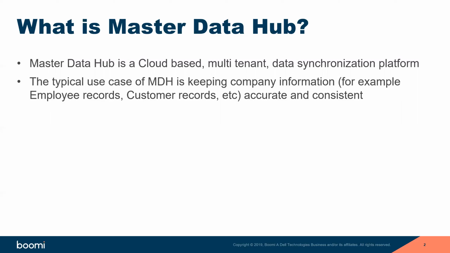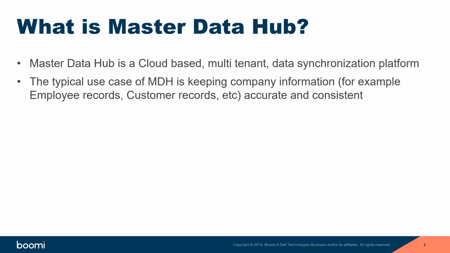The point of Master Data Hub is that it validates your data, it performs some sort of validation logic on your data. You can do a bunch of different things to it to then have, and we'll get into this, what's called a golden record, which is essentially the ideal record for a given entity.